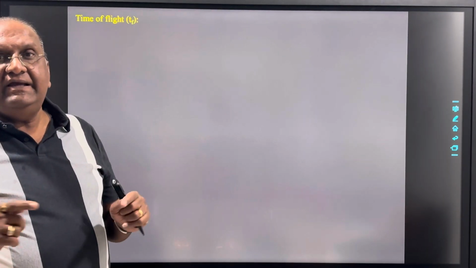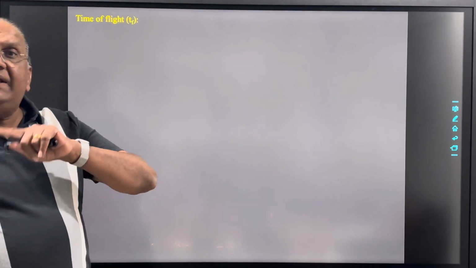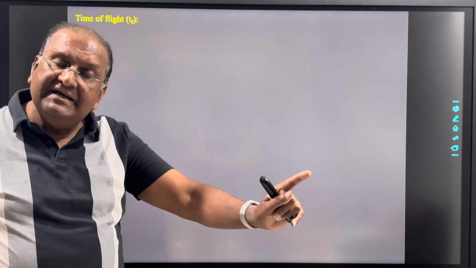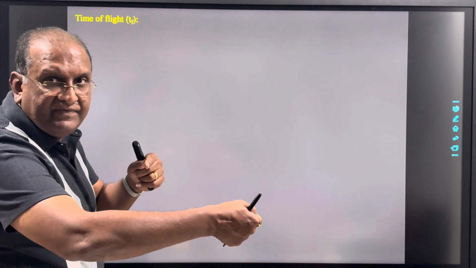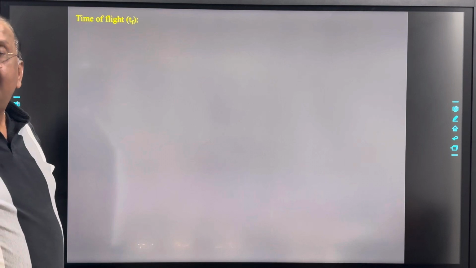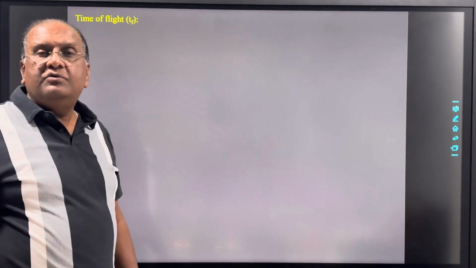So we can say the total time taken in this particular case is called the time of flight. Now when it hits the ground, the vertical displacement is 0. So when y equals 0, the total time is the time of flight.